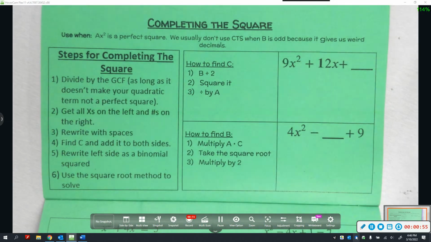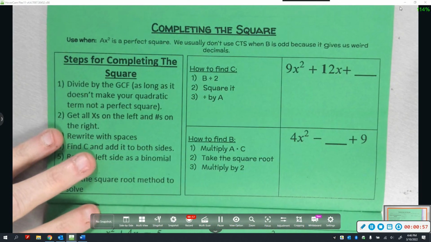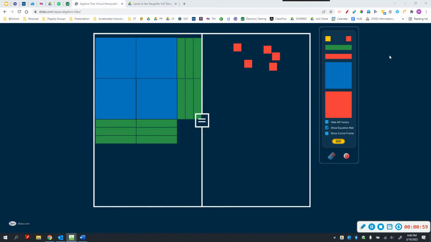So I tried to show one of my classes this without using the tiles. It didn't work out, so let's take a look. The equation that I have modeled is 4x squared plus 12x. I'm going to be doing a strategy called completing the square. So what square exactly am I completing?